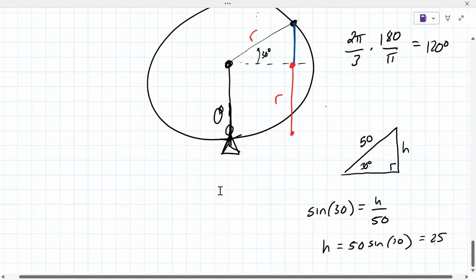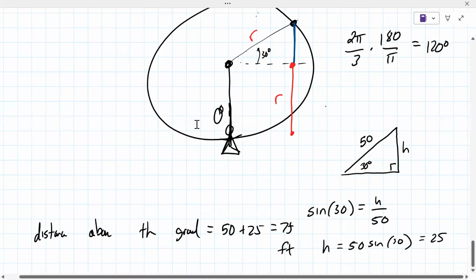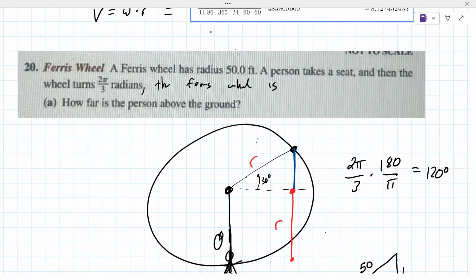And so the distance above the ground is 50 plus 25, which is 75 feet. Now, important thing here: your teacher may add the following to the problem. The Ferris wheel is, I don't know, 6 feet off the ground or something.